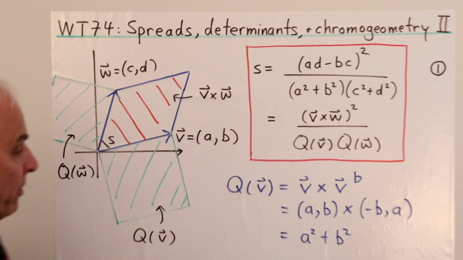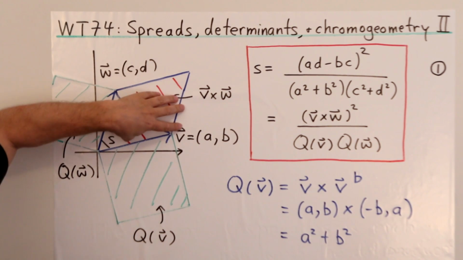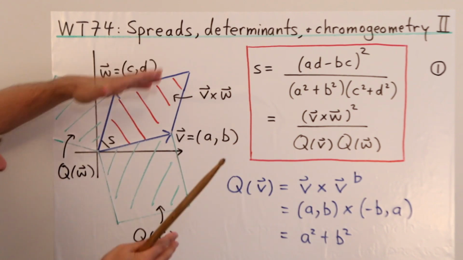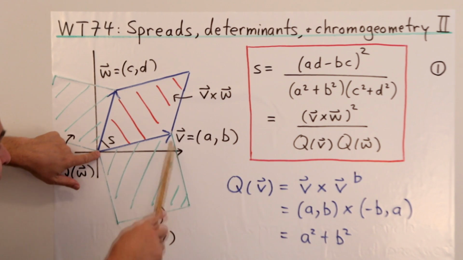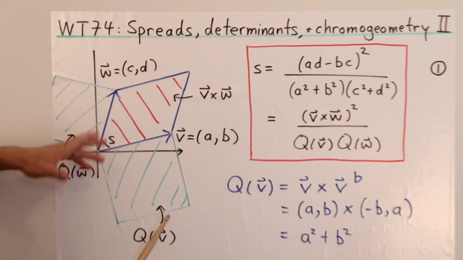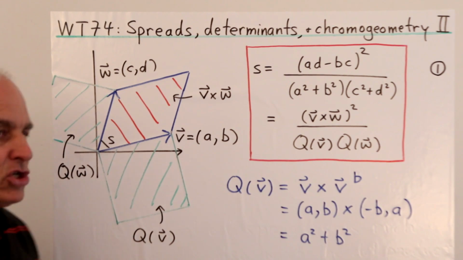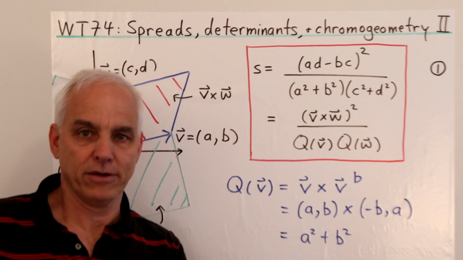So geometrically what we're doing is we're taking these two vectors and we're looking at this parallelogram, taking the square of its area, and we're dividing that by the product of this square area and this square area. Okay, so it's really a normalization of a squared area.